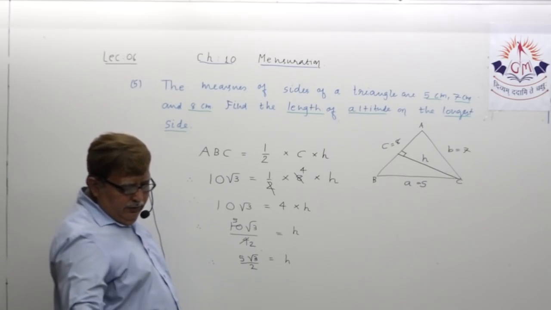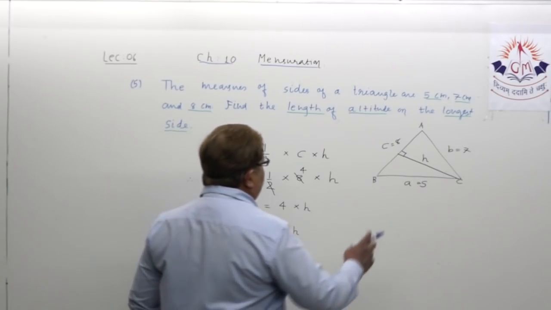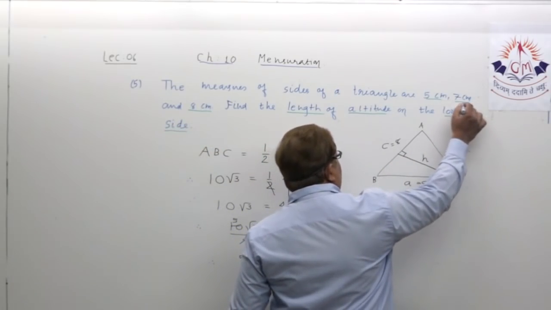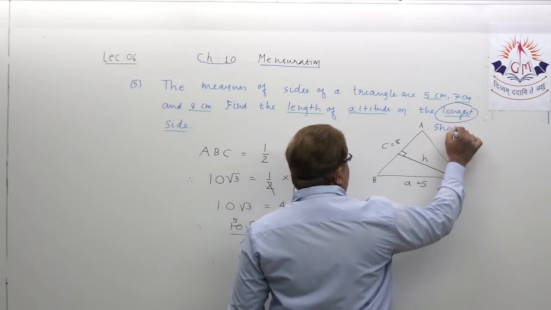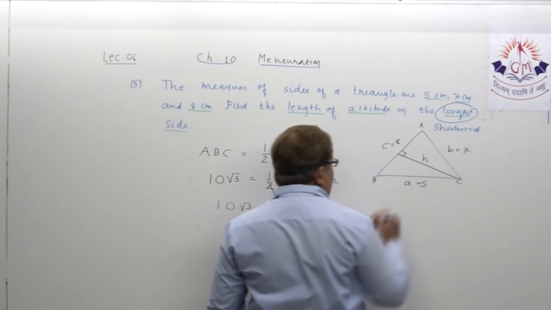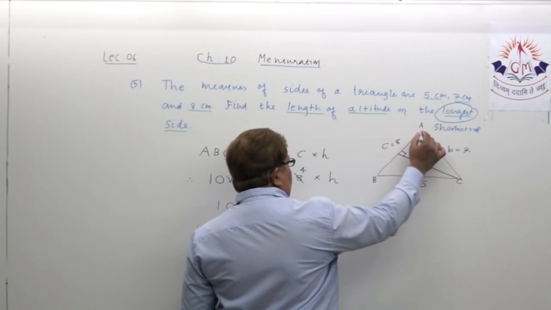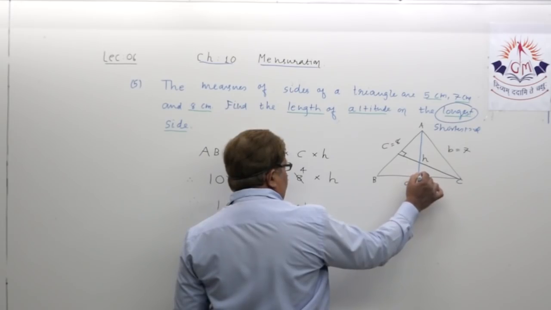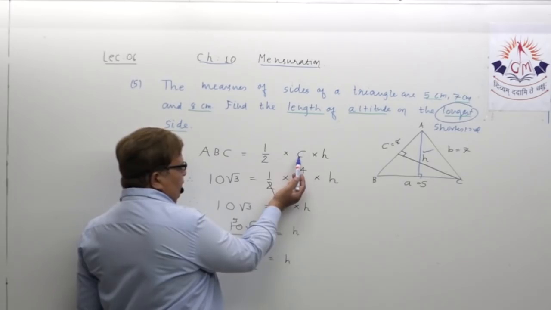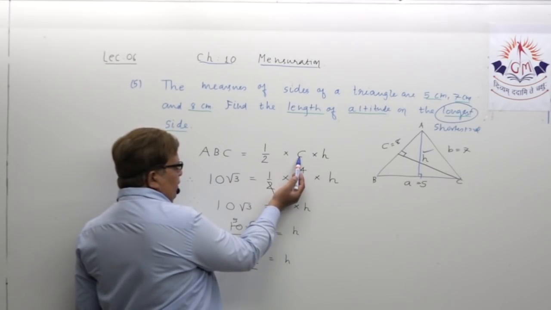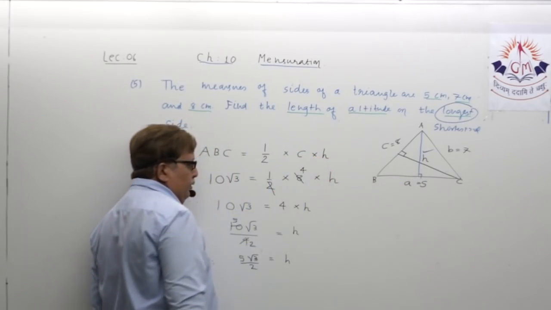Suppose, my dear student, if you are asked this way, can you understand? Find the length of altitude. Suppose I just change the word to shortest side. So can you say which is the shortest side? BC. So you would have drawn the altitude this way, and you would have taken the formula half into, instead of C, you must have written A. Okay.